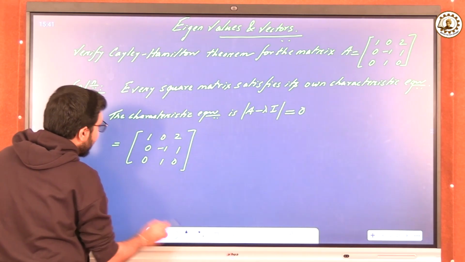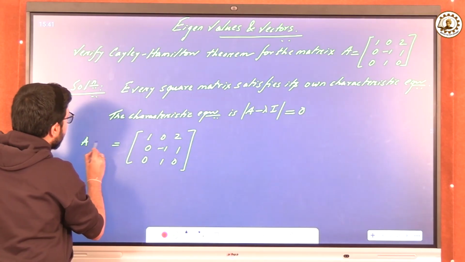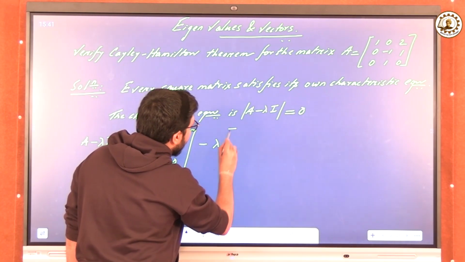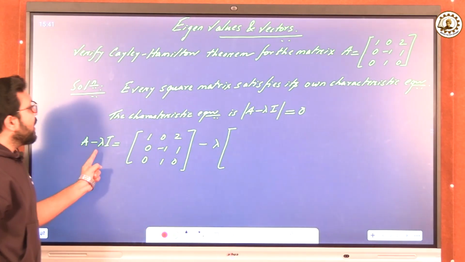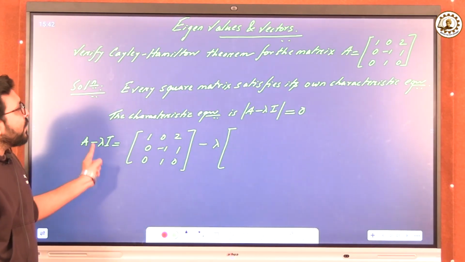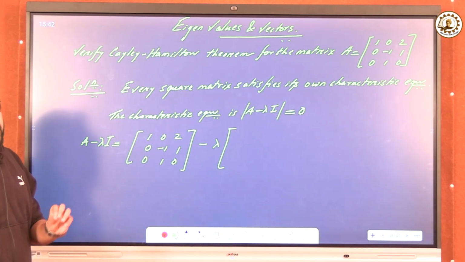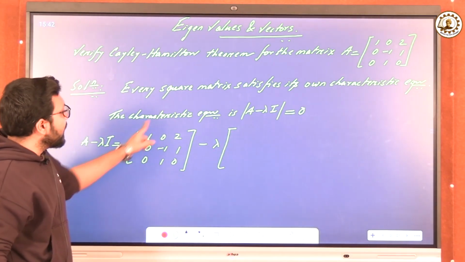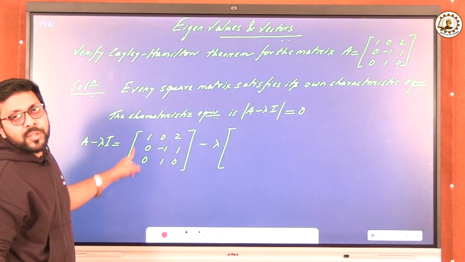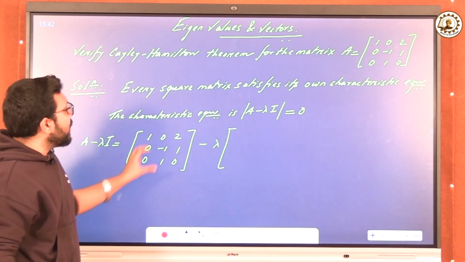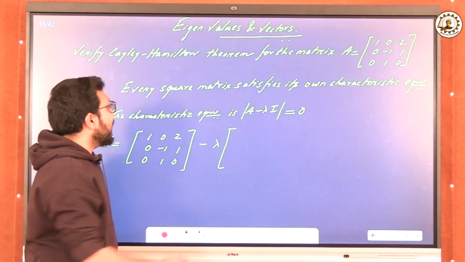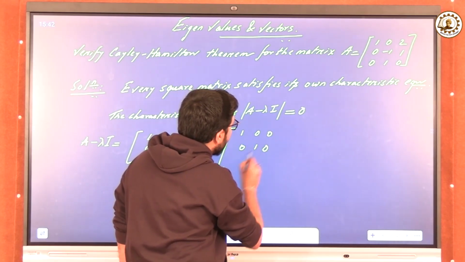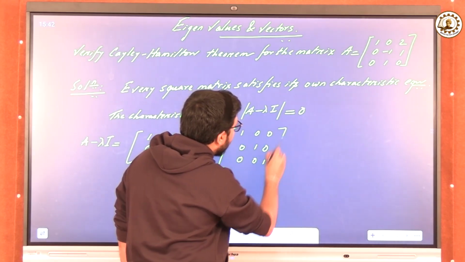So let's find A minus lambda I. Lambda is eigenvalue, so it is a specific value we have here. I stands for an identity matrix. Since this matrix is of order 3 cross 3, definitely we have to introduce this I as 1, 0, 0, 0, 1, 0, 0, 0, 1.